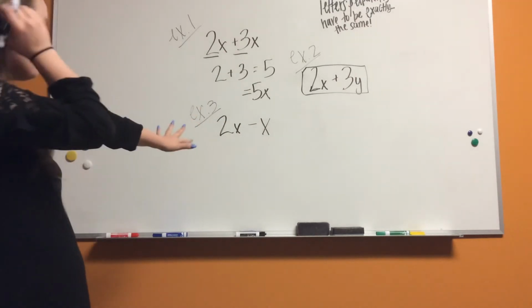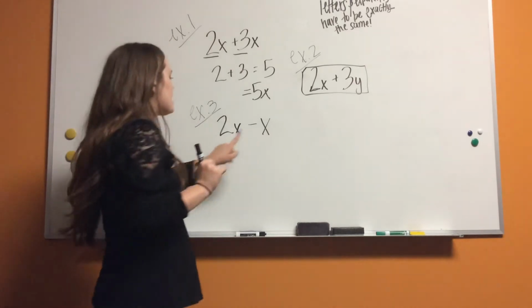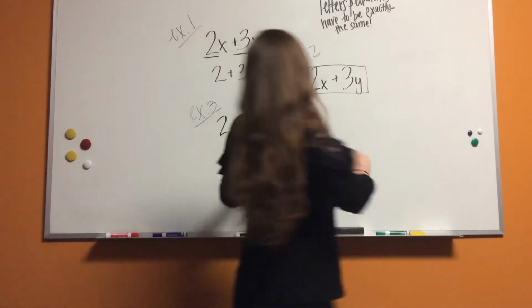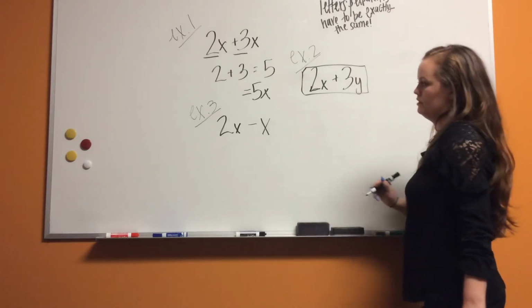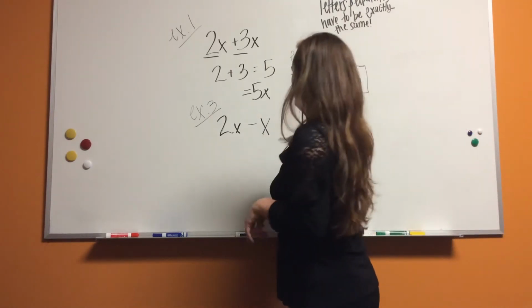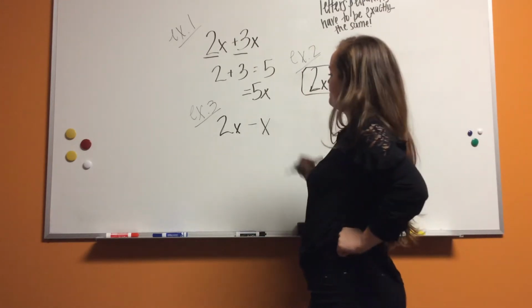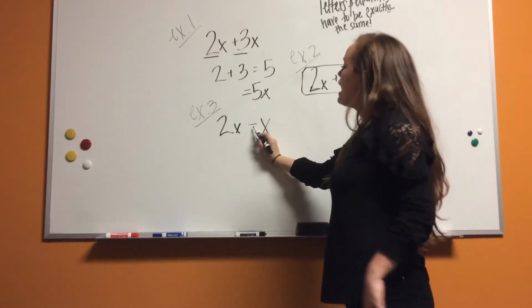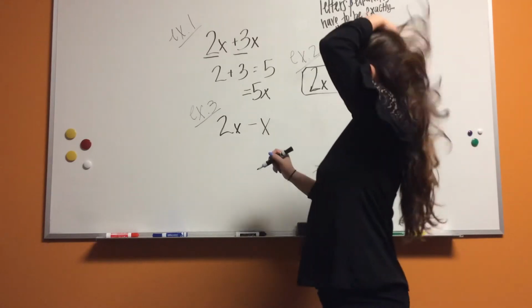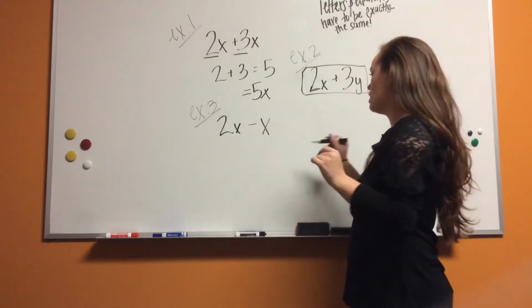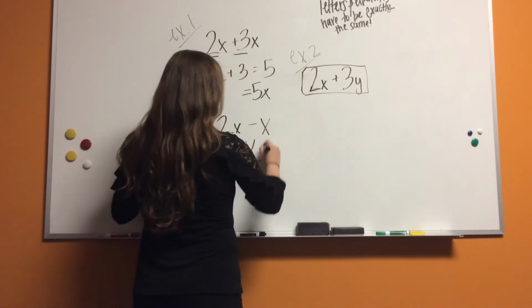Okay, so how would we simplify this one? Alright, so this is something I haven't told y'all about yet. And what do you think the coefficient for this one is here? Good, good. It's going to be -1. So a variable by itself is going to have a coefficient of 1. But since it has the subtraction sign here, that's going to be negative. So 2 minus 1, good. It's just going to be x.